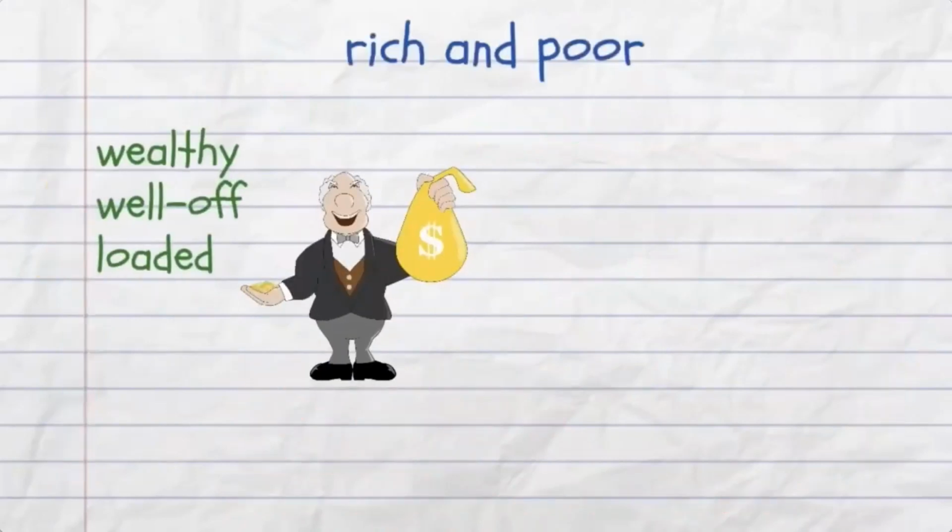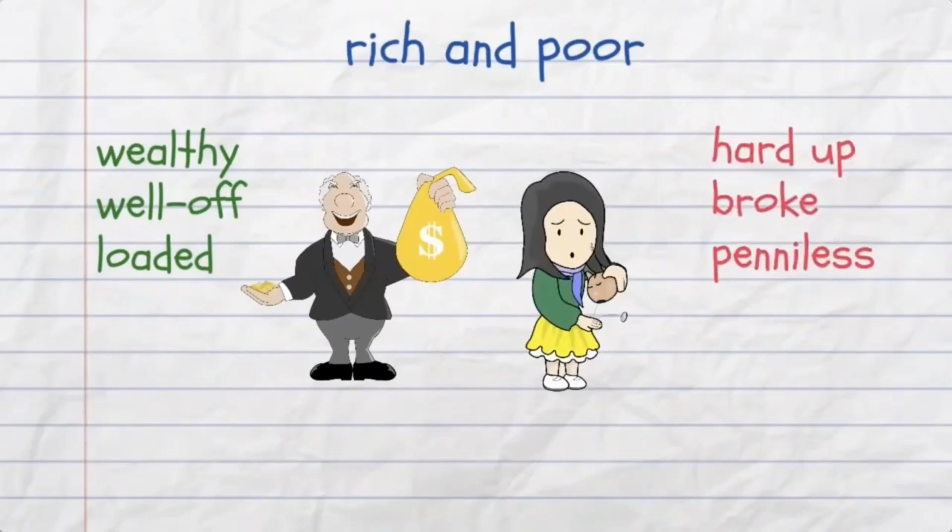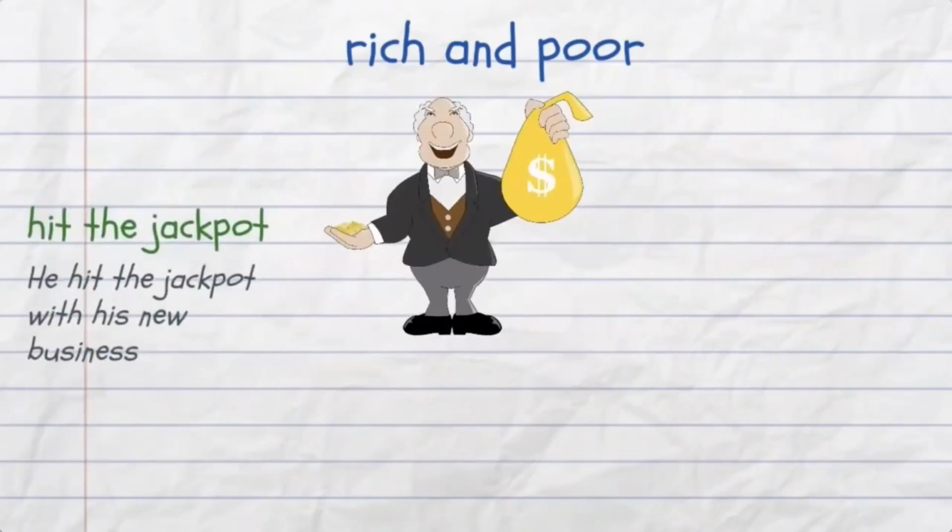When a person is rich, you can also say that he or she is wealthy, well off, or use the informal word loaded. And when someone is poor, you can say she's hard up, broke, or penniless. And idioms which you can use to talk about rich people: hit the jackpot means to become rich very suddenly.